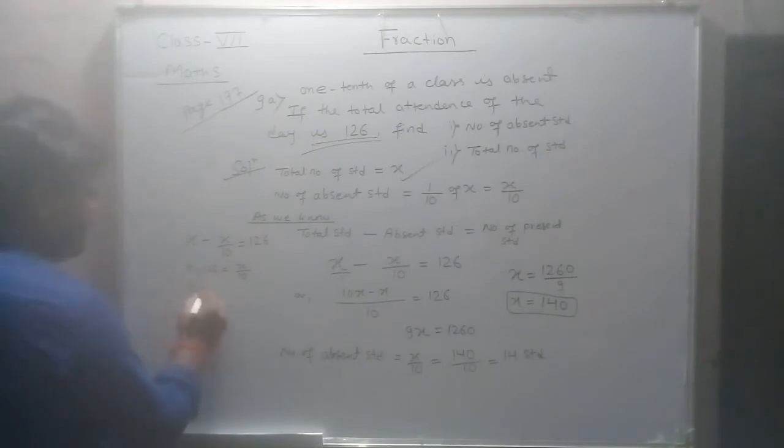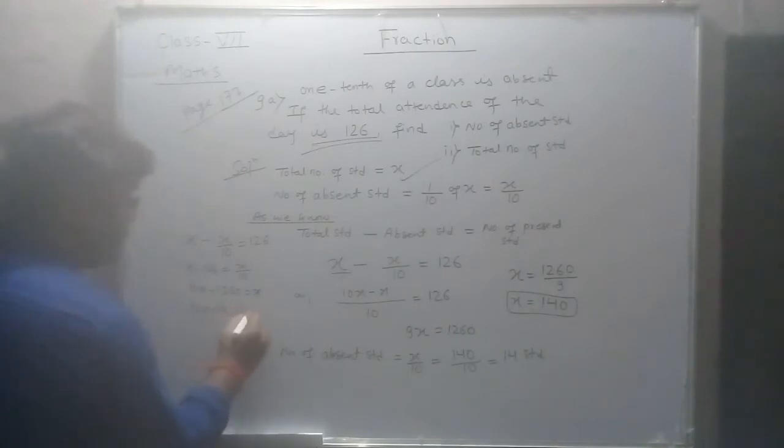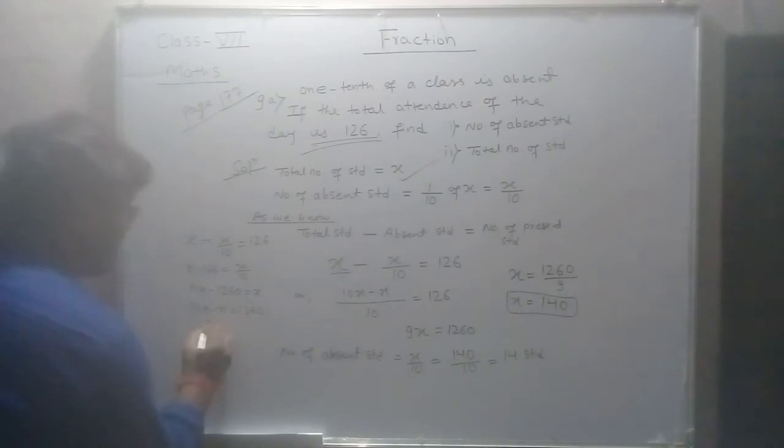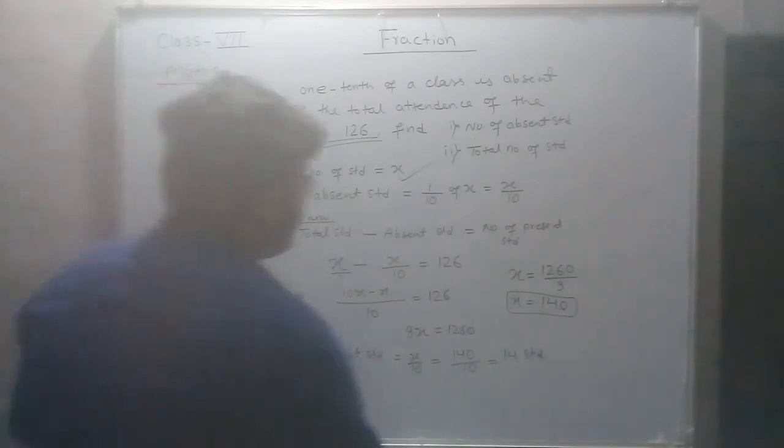So 1260 is equal to 10x minus x. I hope you can easily solve it. The same steps you get here also, that is 9x is equal to 1260. The same value you will get. It's your choice in what way you will solve.